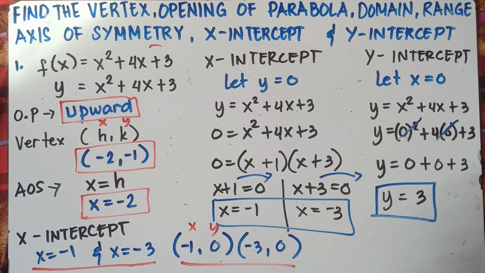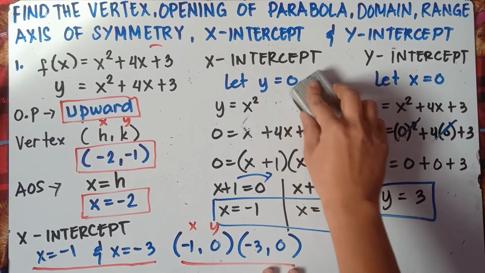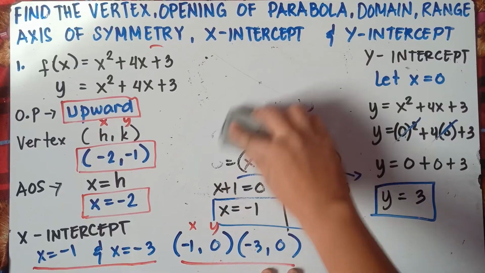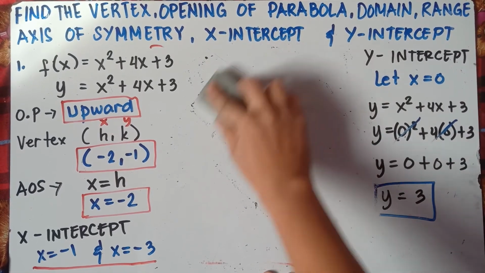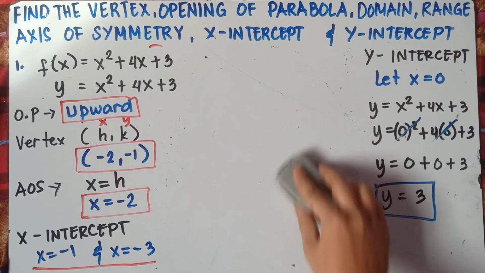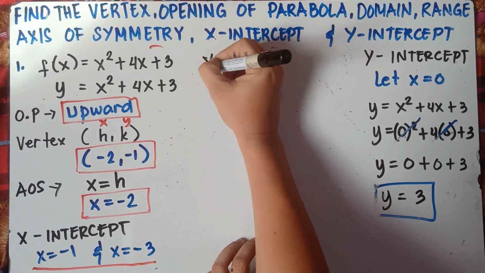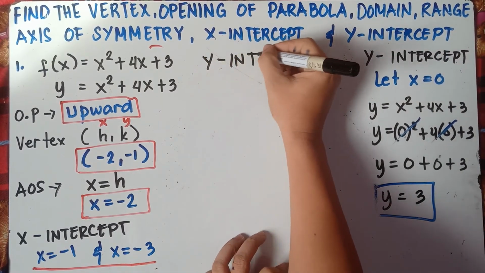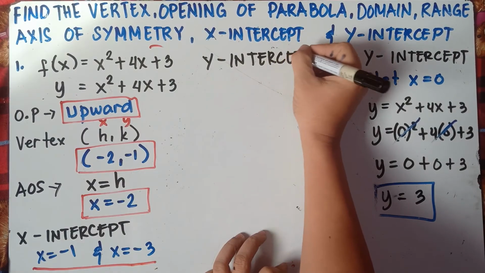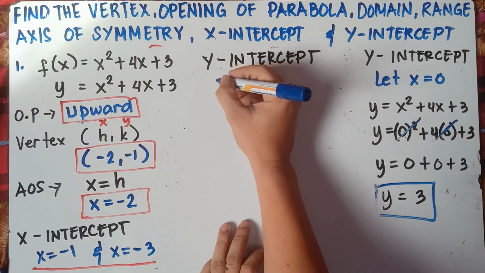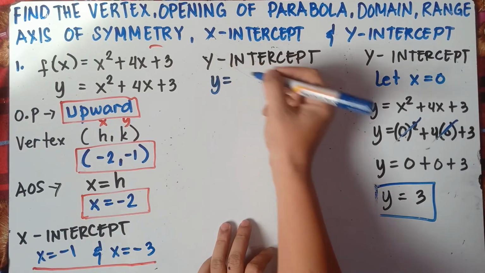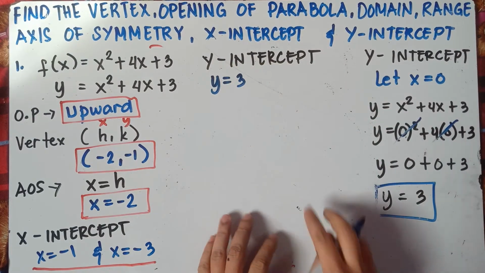We will be finding the domain and range. Alright, let me copy the x-intercept again. So the y-intercept, that's y equals positive 3.